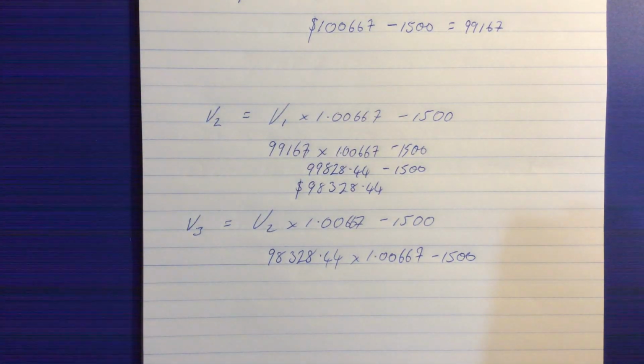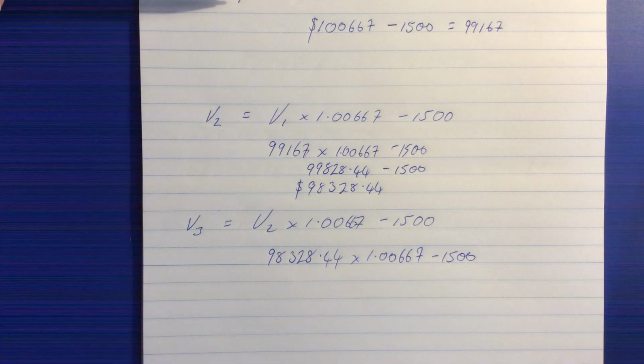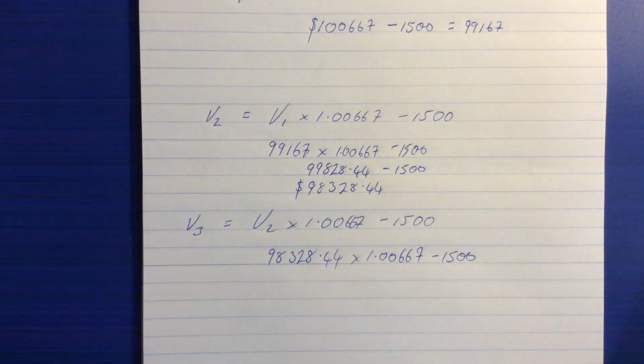Now, I am doing this in a very long way. Those of you with more intelligent calculators than I've got can simply put this recurrence relation into your calculator, tell it what V0 is, and it will generate a sequence for you. I'm doing this in a very long-handed way so that everybody can see what's going on.